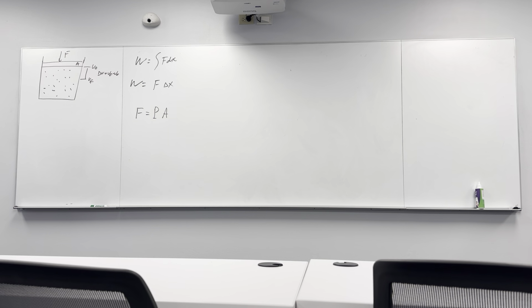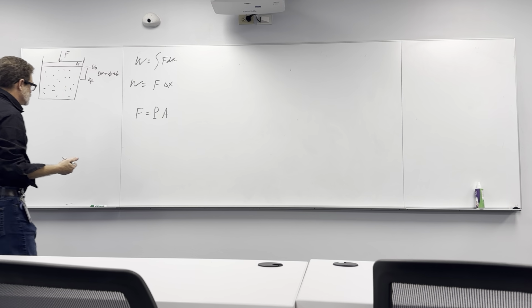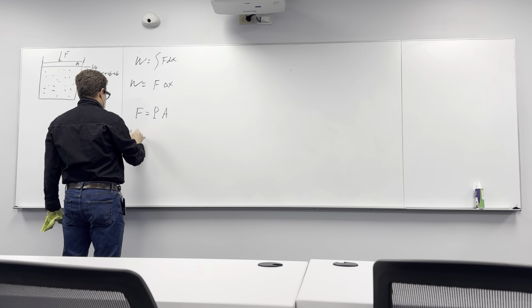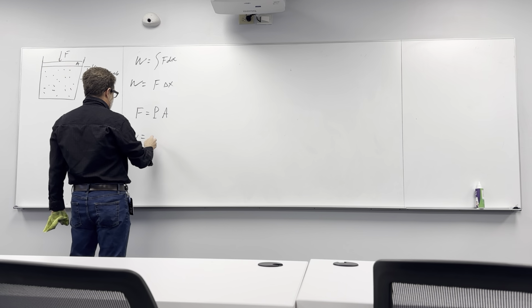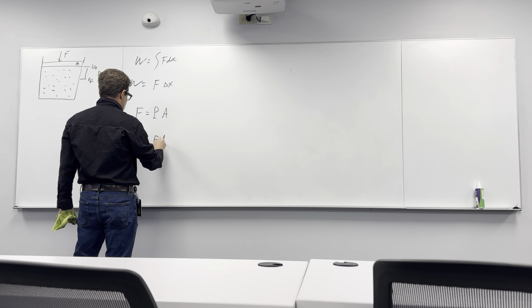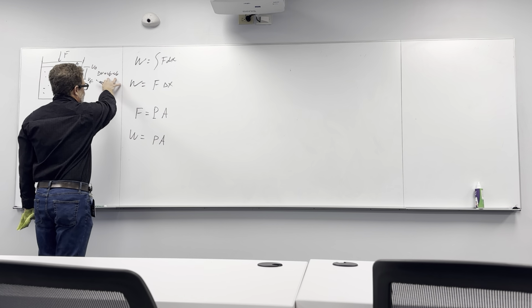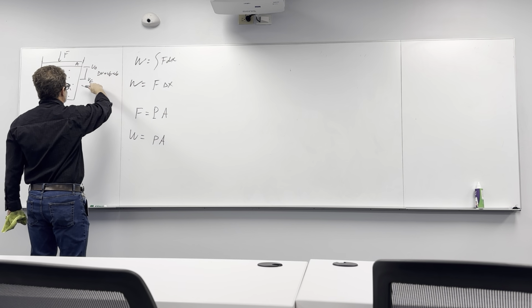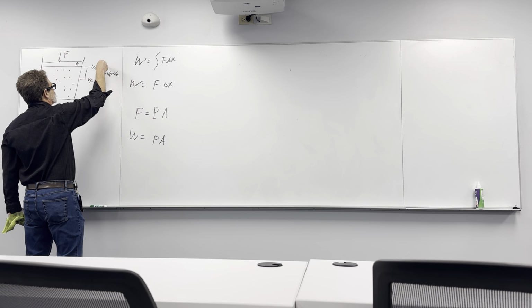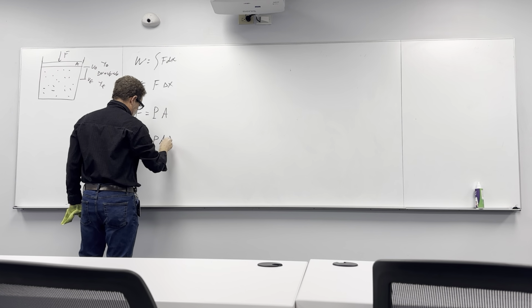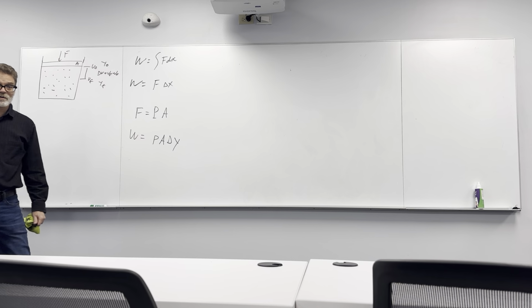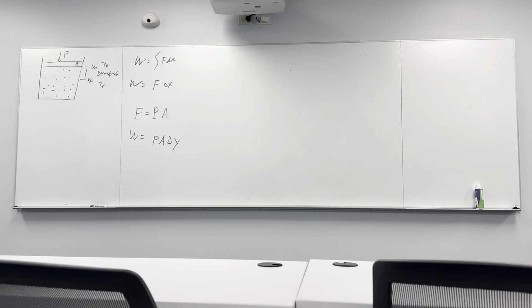Now I want to get the work I'm doing. That's going to be P times A, and the distance, which would be Y final minus Y initial, or delta Y. Does that make sense to everybody? What is A? A is the cross-sectional area of the lid that I'm pushing down. It's the size of the piston.